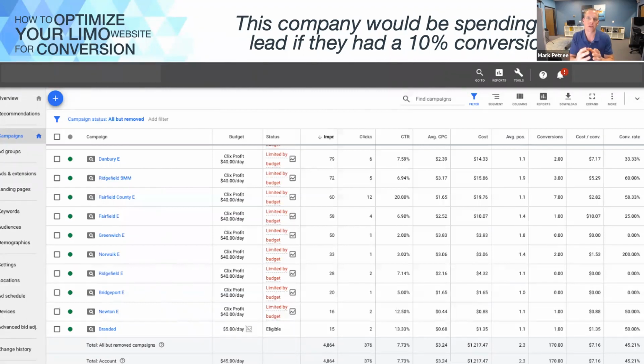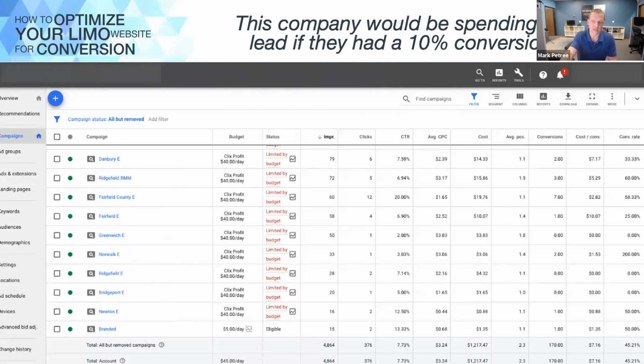Because if we're paying $32 per lead and 1 in 5 of those leads converts into a new client, that's $160, which if you're doing airport runs, you might only be charging $150 for the total run. And so that's why it's so important that we get our cost per lead as low as possible.